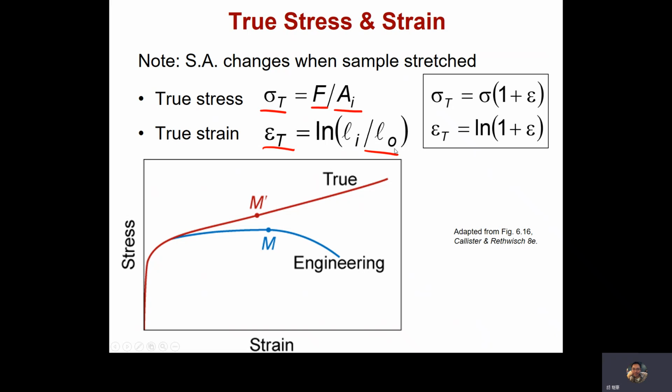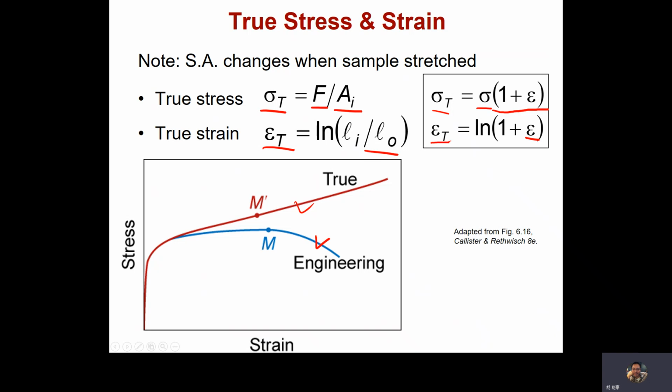And there's a relation between the engineering and the true stress and strain. From the stress and strain curve, we can measure the engineering one, which is the blue one, and the red one we can convert from the engineering stress and strain curve.